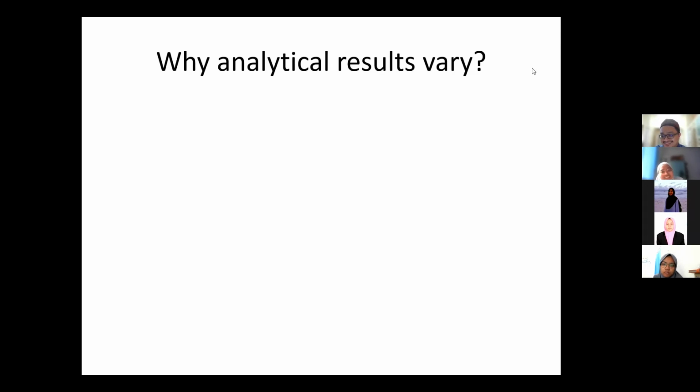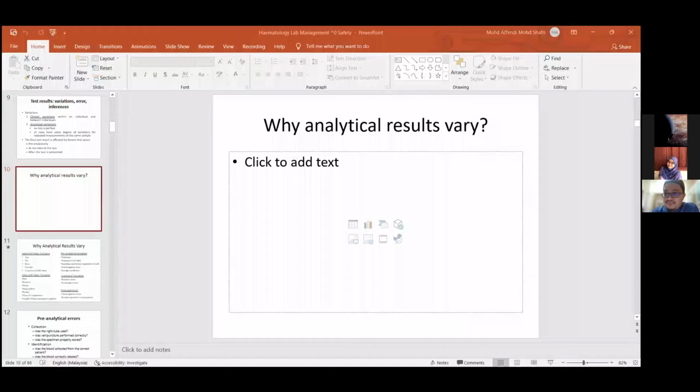My roommate ada dua, one Intan Raihana and Sahira. Intan Rahana, you hear me? Yes, doctor. Okay, can you see the screen? Yes. Okay. Banyak tu. Siapa yang cakap yes tu boleh jawab.